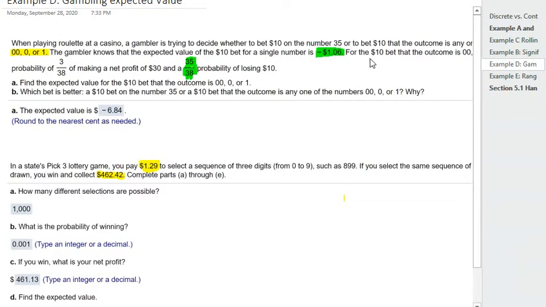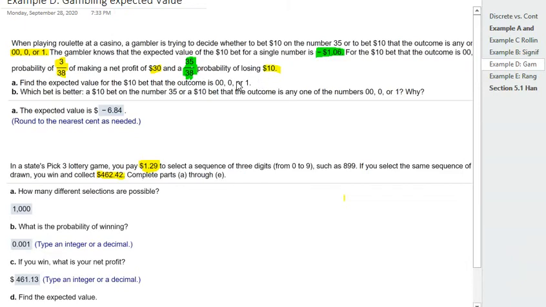For the bet that the outcome is 00, 0, or 1, the probability of making that is 3 out of 38. And if you did hit that, they'd pay you $30. So, okay. Now, that means you have a 35 out of 38 chance of losing $10.